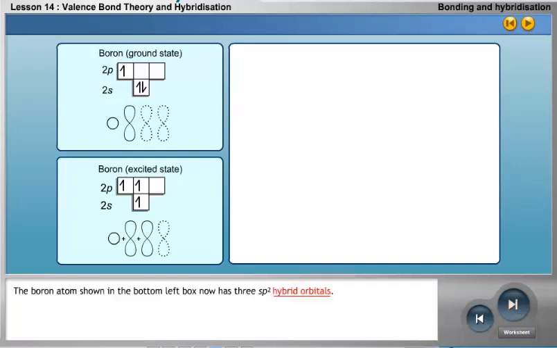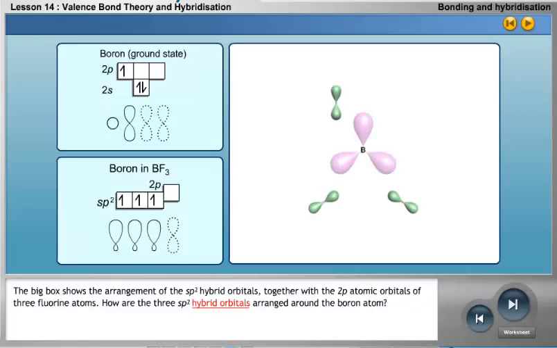The boron atom shown in the bottom left box now has 3 sp2 hybrid orbitals. The big box shows the arrangement of the sp2 hybrid orbitals, together with the 2p atomic orbitals of 3 fluorine atoms.